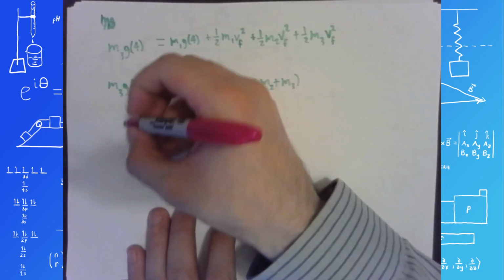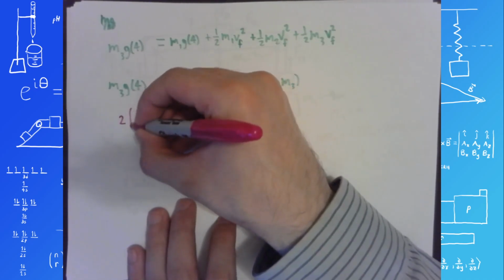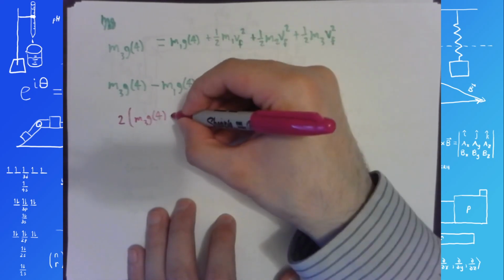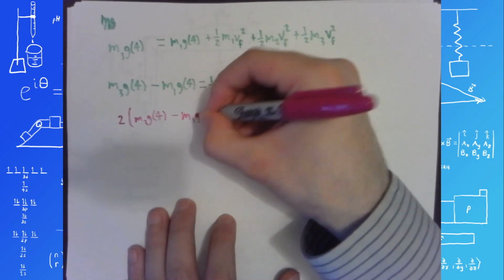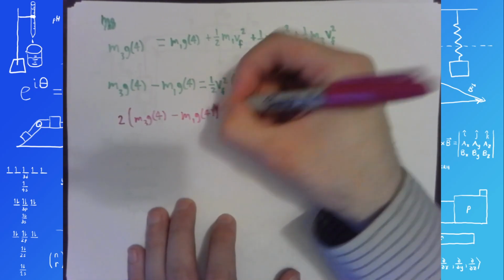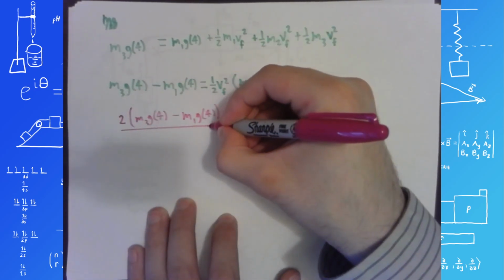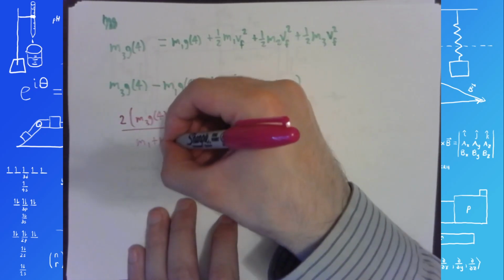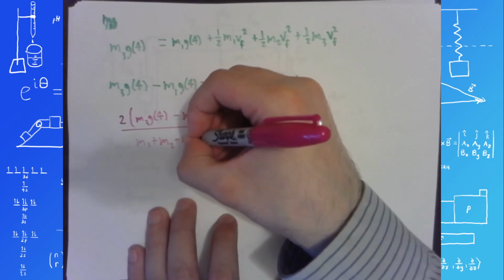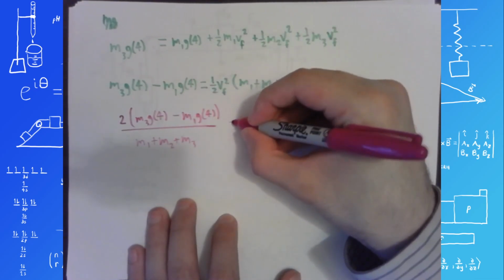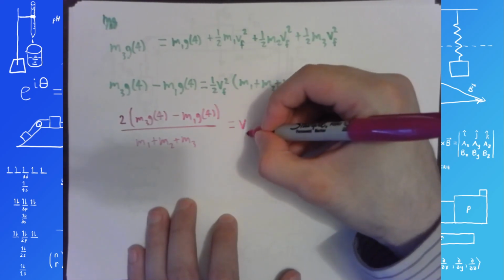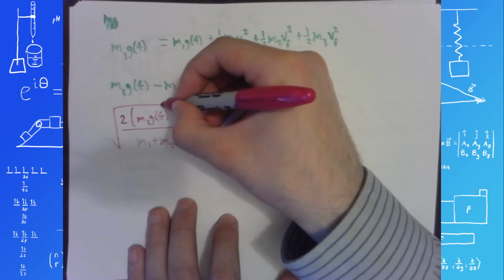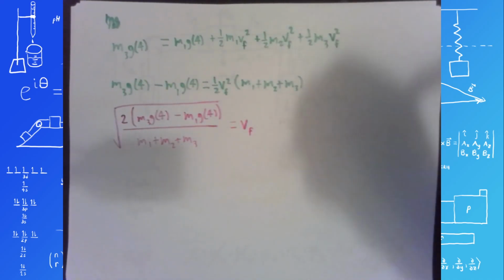Multiply by 2 and divide by that sum, so 2 m3g times 4 minus m1g times 4, and then divided by m1 plus m2 plus m3, equals v final squared, and if I want v final I can just take the square root. I'll just take the positive root because we only want magnitude here.